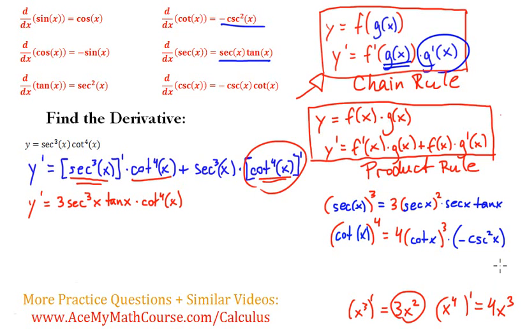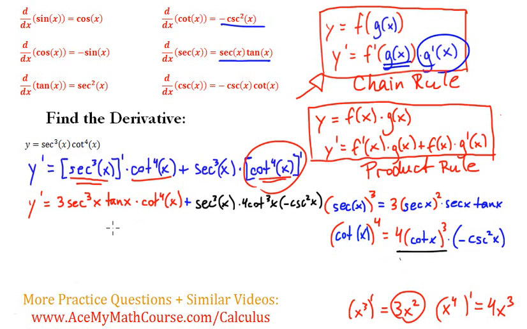Great. Look at that. Now we're basically done. Now we're just going to have to simplify a bit. Pick a different color, I think. Here. So we got secant cubed of x times 4 cotangent cubed of x, or what I had here, times negative cosecant squared.